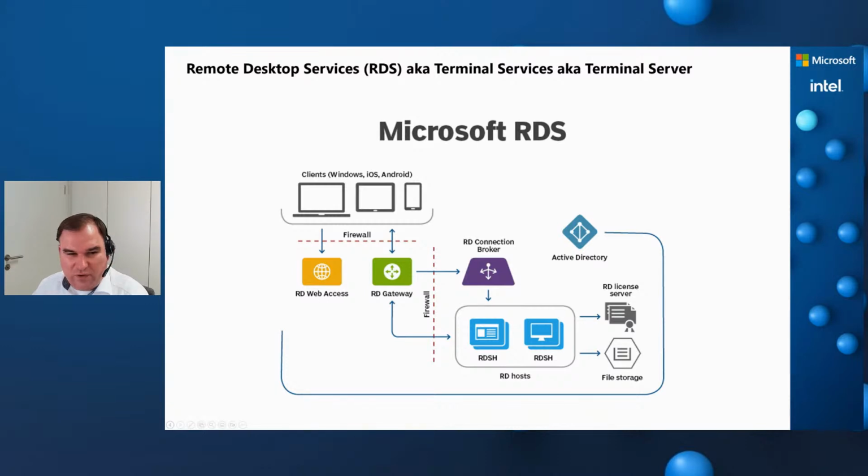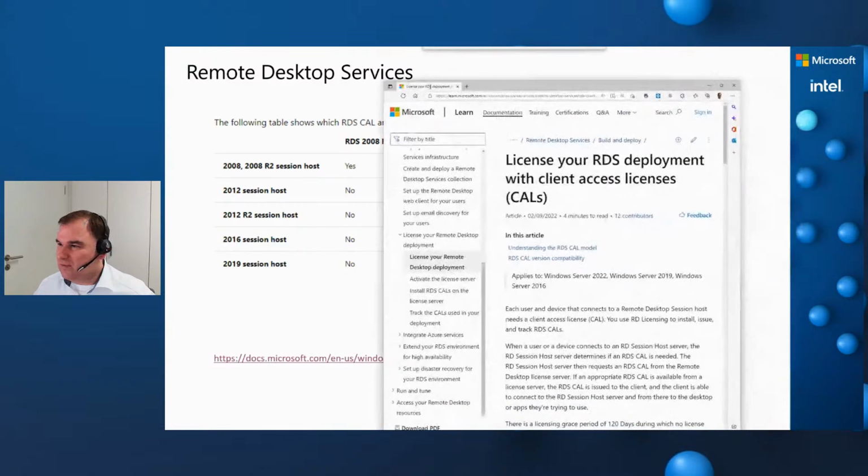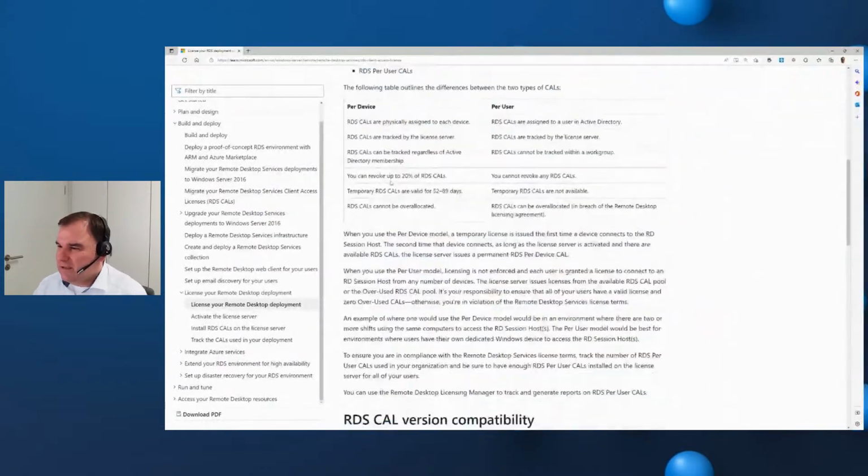We have also learned that Remote Desktop Services client access licenses are compatible for down-versioning. And I will open the original article here because the 2022 is missing here. This is the document about licensing.